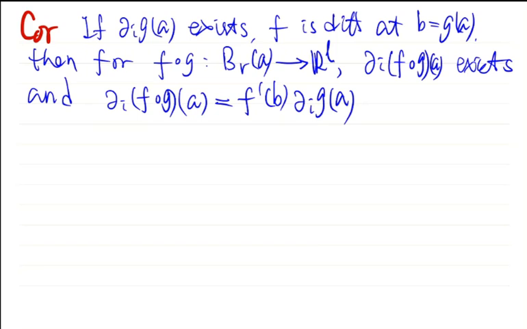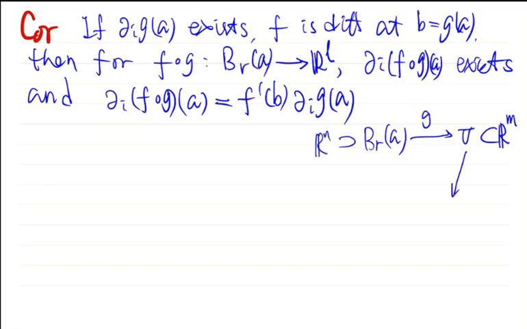Here, B_r(a) is a ball in R^n, and U is an open set in R^m, and our f is still vector valued. Okay, so this is the composition of f and g.